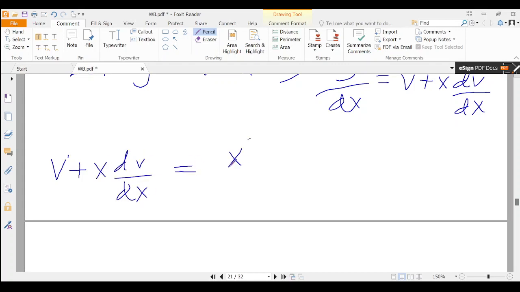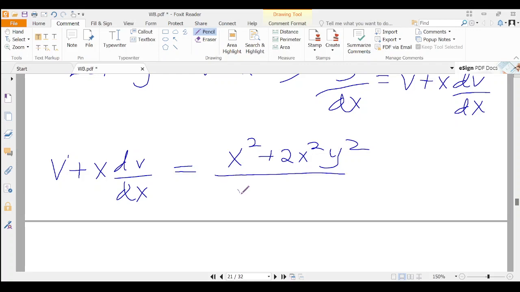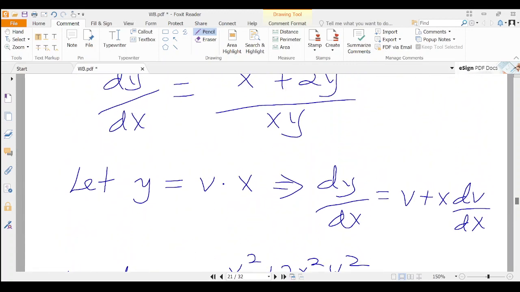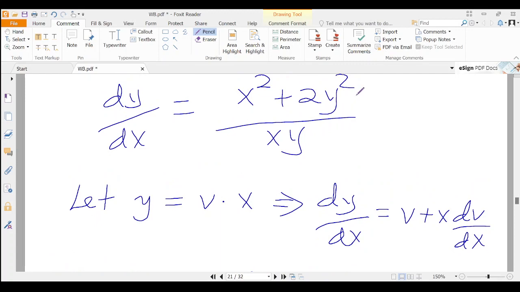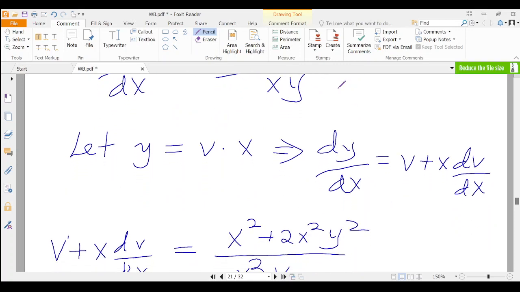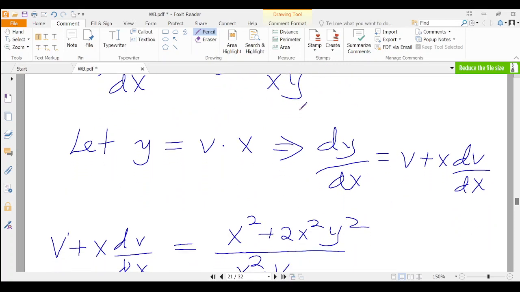is equal to x squared plus 2 x squared v squared divided by x squared times v. So notice that we have replaced y squared here with v times x squared, which is v squared times x squared. And in the denominator, we have replaced y with v times x and then multiply by x to get x squared times v.